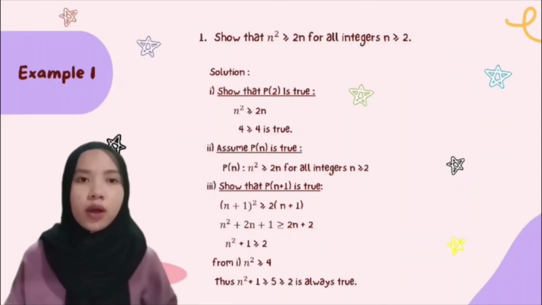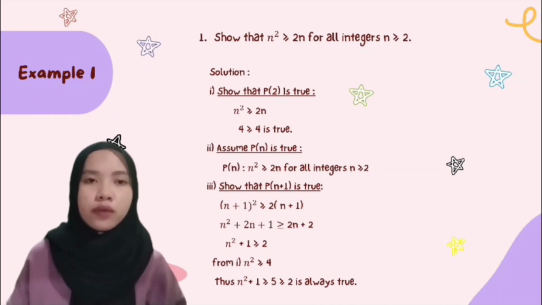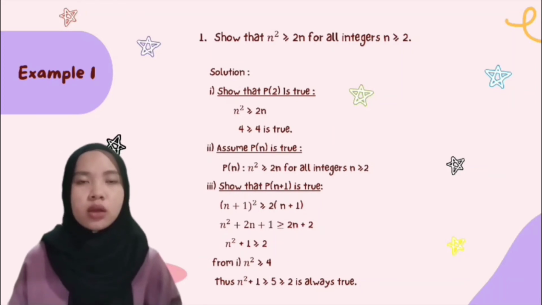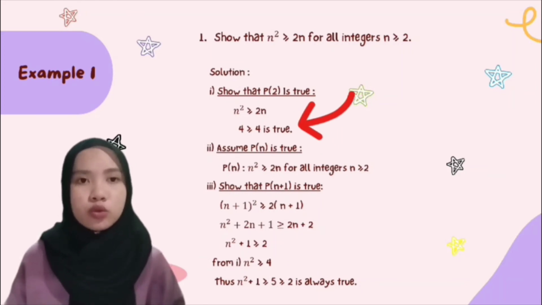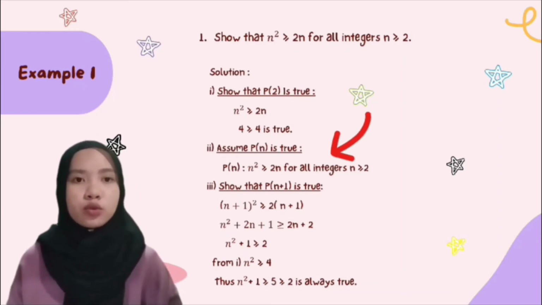For example 1, the question asks: show that n to the power of 2 is more than 2n for all integers more than 2. The first step is to show that P2 is true, by substituting 2 into n squared more than 2n. Second, we assume Pn is true.